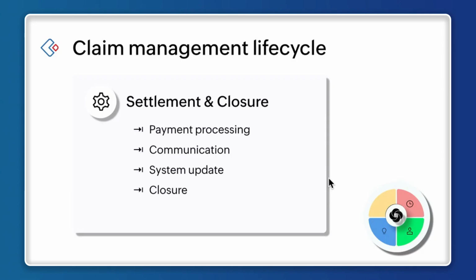So this is going to be the proper claim management life cycle, from the claim initiation, verification to settlement. These are the processes that are involved in each and every stage.